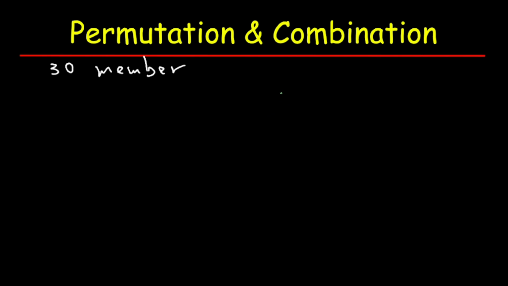So they are choosing 1 president, 1 vice president, and 2 executives. How many ways can they do this? Well, first of all, there's a couple ways that we can actually calculate this. So let's go with the way that I would probably do it.